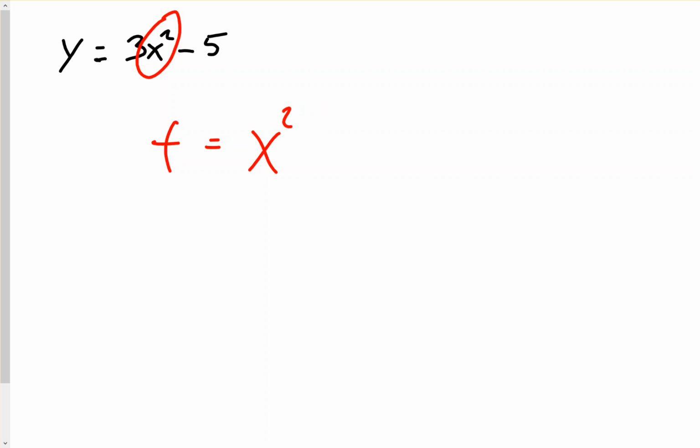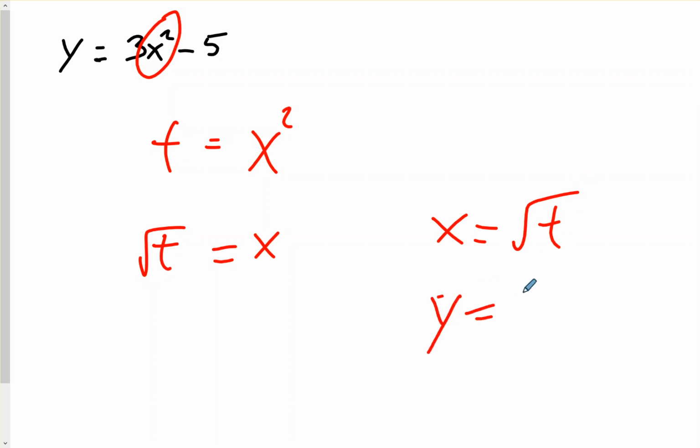So that means if we take the square root of both sides, we would get x equal to the square root of t. Okay, so x equals square root of t. And then we would have y equal to 3t minus 5.